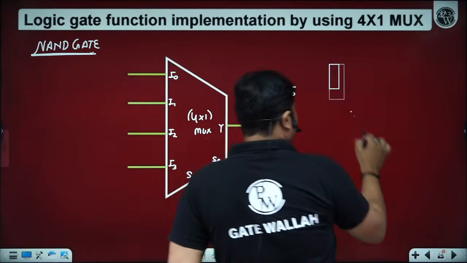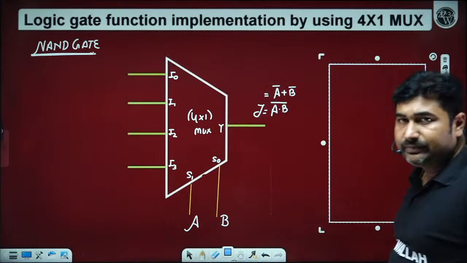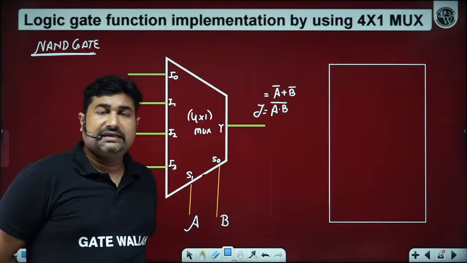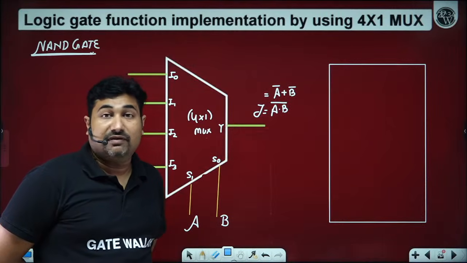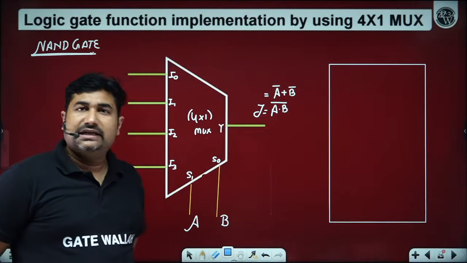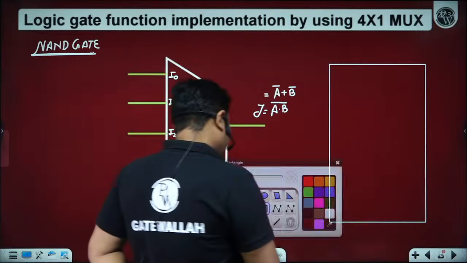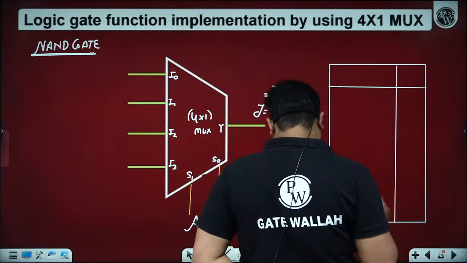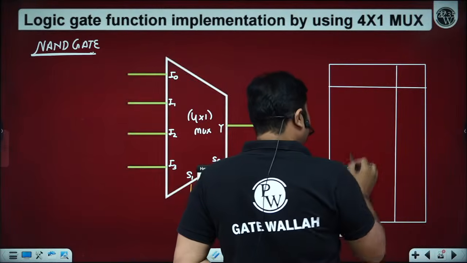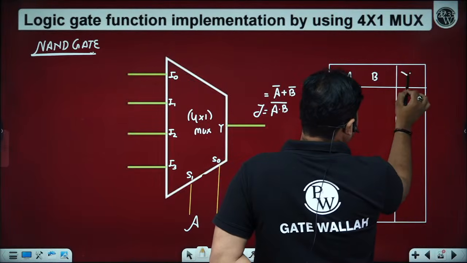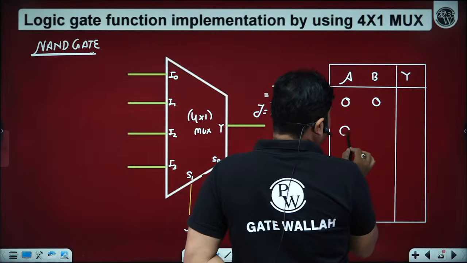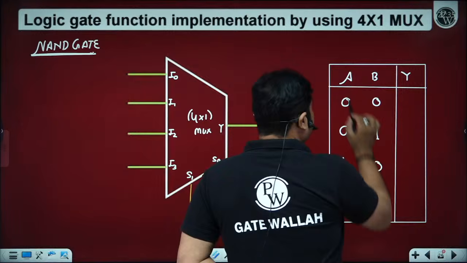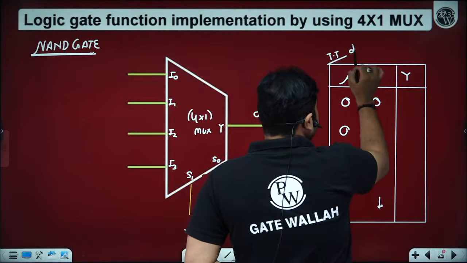If we want to implement any function and the number of select lines and number of variables of the function are equal, then it is very easy to implement the function using a multiplexer. Because in that case, we just have to see the truth table of the function we want to implement. For a NAND gate, we all know 0 0, 0 1, 1 0, 1 1. So we all know the truth table of the NAND gate.